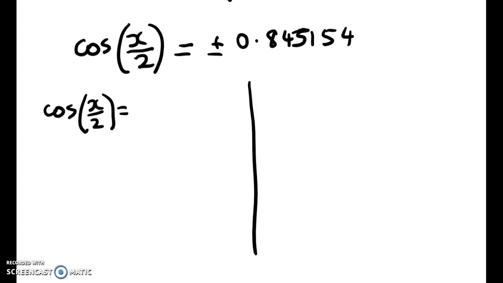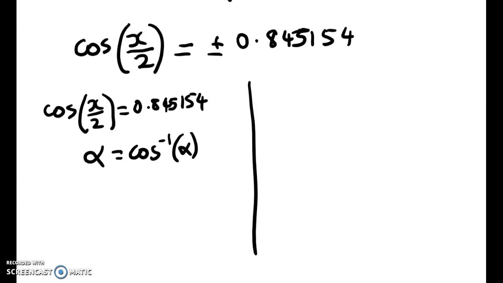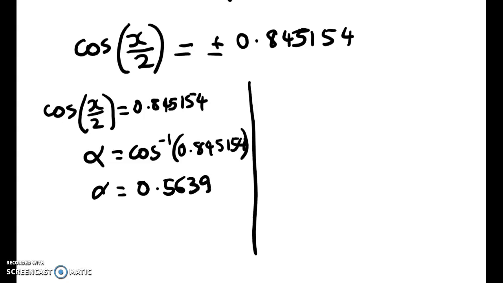Cos of x on 2 is equal to 0.845154. Alpha is the angle whose cosine is that. So that gives me 0.5639.